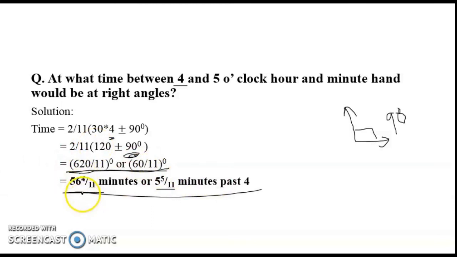Two times, basically, when they are at 90 degree. Students, remember this. In this time, 56 4 by 11 minutes, it will form 90 degree, and after this at 5 5 by 11 minutes past 4 it will form 90 degree. Basically, two times between 4 and 5 o'clock they will form 90 degree.